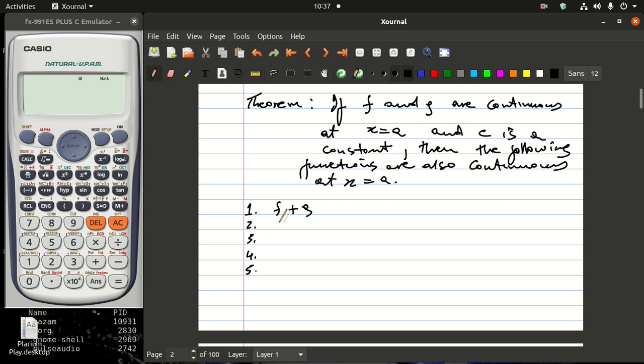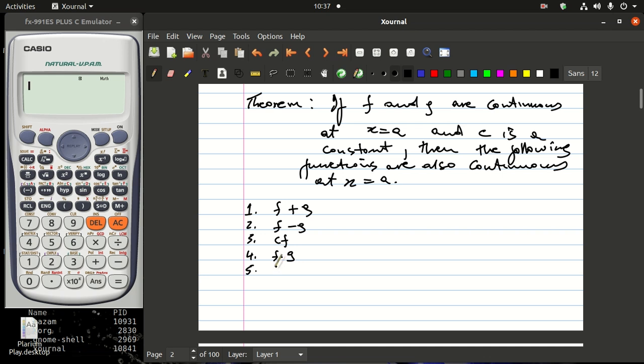And if I take f of x and subtract g of x, this is also continuous if these two are continuous. If I take a constant times f of x, this is also continuous. If I take f of x times g of x, this is also continuous.